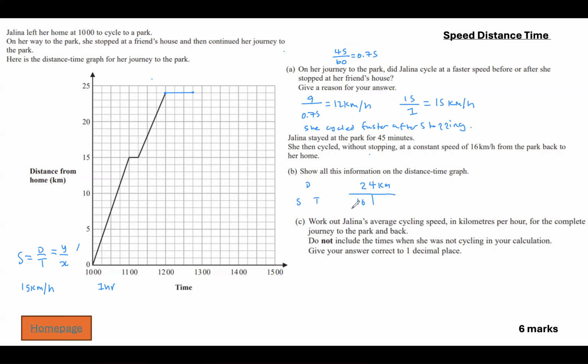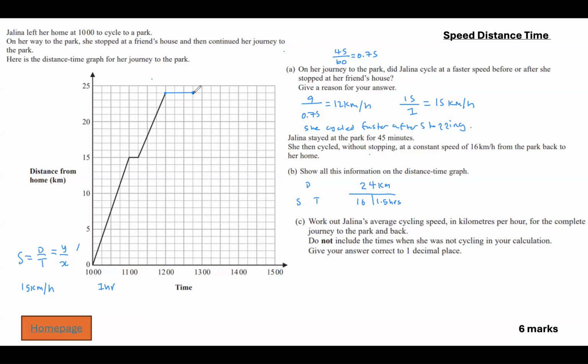So if we do 24 divided by 16, that gives us 1.5 hours. Now, 1.5 hours is 1 hour 30 minutes. So from here, we need to count an hour and 30 minutes.